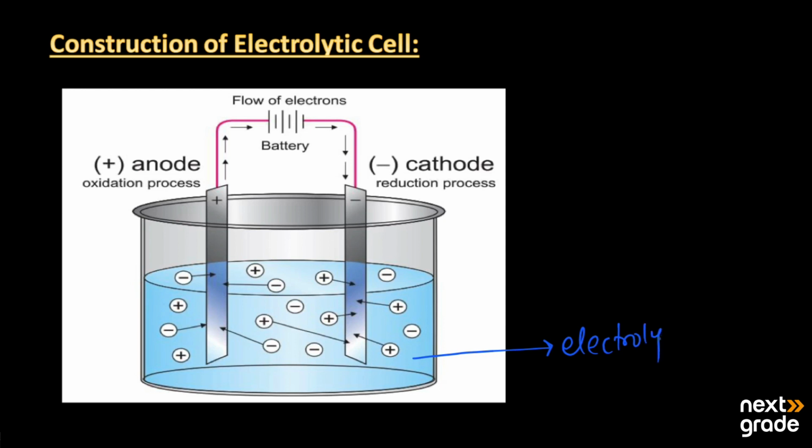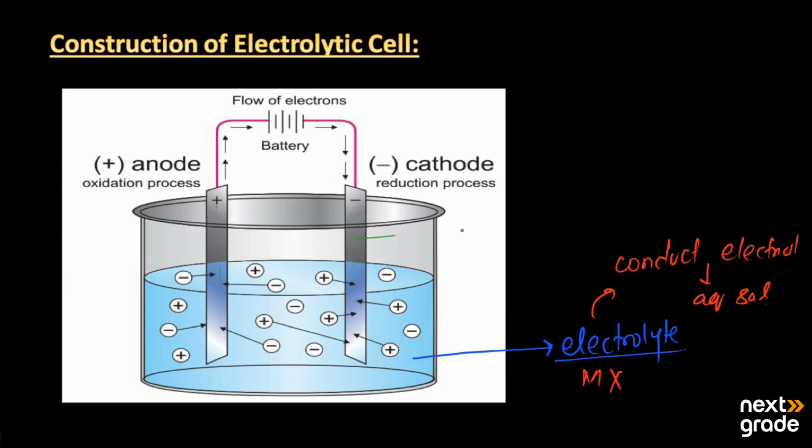You also know what is meant by an electrolyte. An electrolyte is a substance that is used to conduct electricity when we take its aqueous solution. So it is filled with a type of electrolyte, for example MX. And we insert two electrodes in it. Now these electrodes will work as conductors.